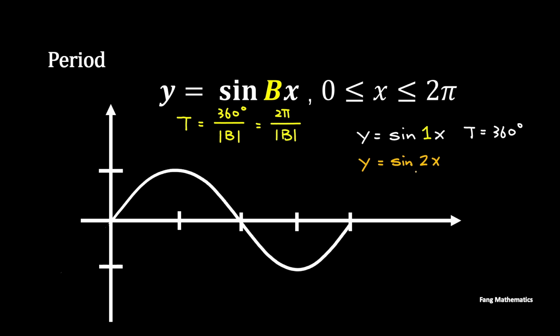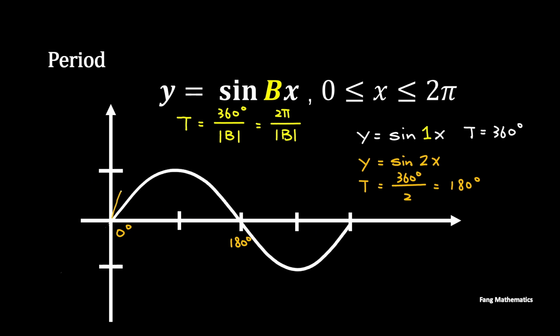Let's look at this orange graph, and we are going to use degrees just for simplicity. 360 divided by 2, the inside multiplier, tells you that your period in this orange graph is 180 degrees. So we are going to mark the 180 degrees here, and that tells us that from 0 degrees to 180 degrees, that will be one cycle. And after that, the graph will keep repeating itself.